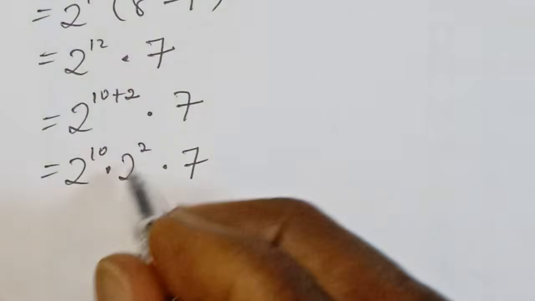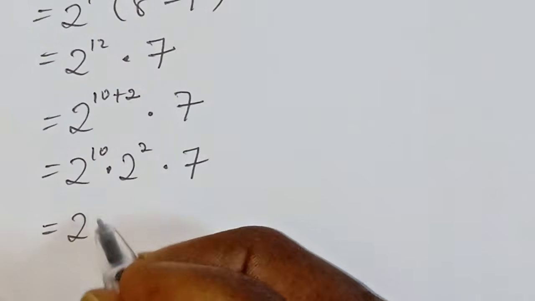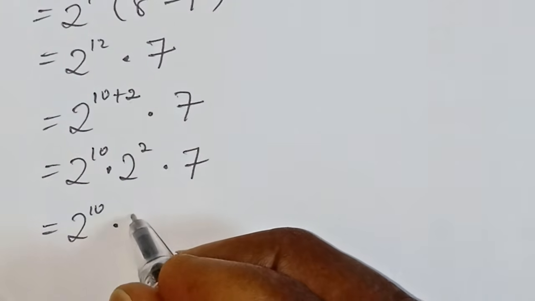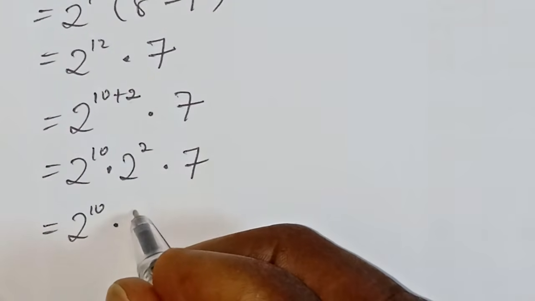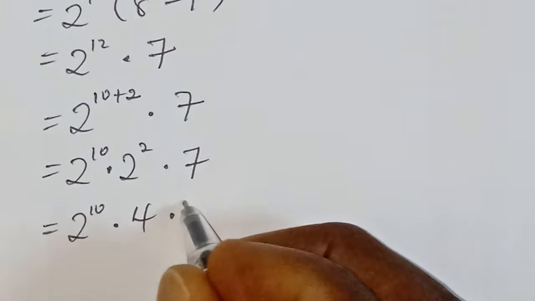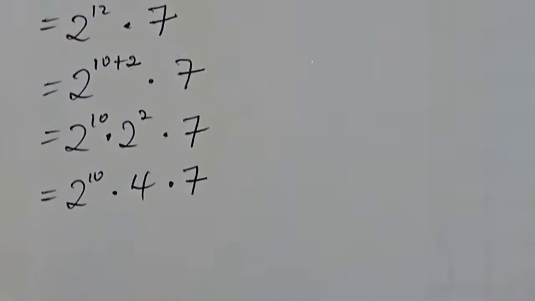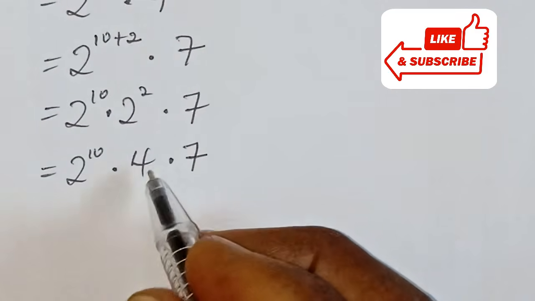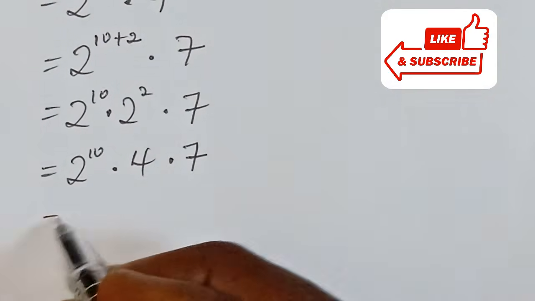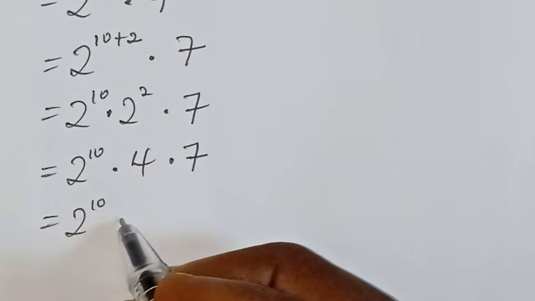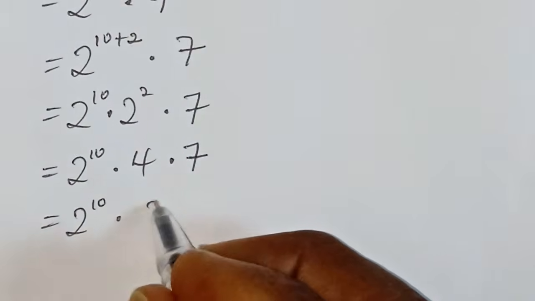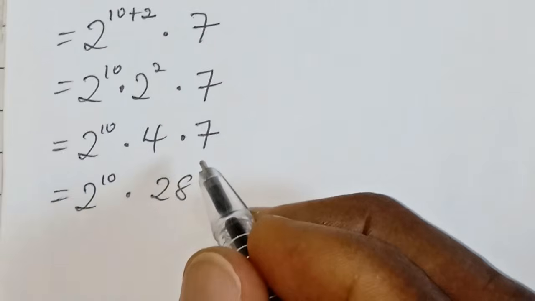Now here, this can be written as 2 power 10 multiplied by 2 power 2, which gives us 4, then multiplied by 7. Now what we need to do is to multiply this. So we have 2 raised to power 10, and 4 multiplied by 7 gives us 28.